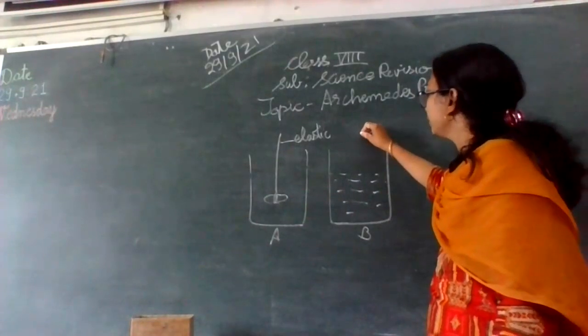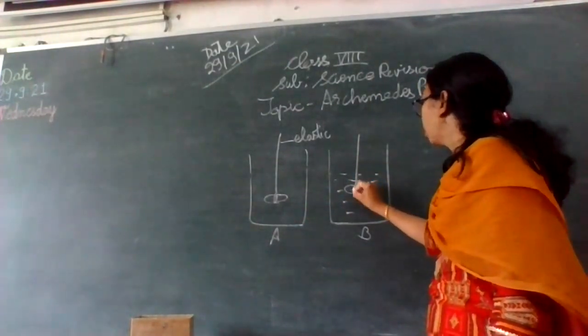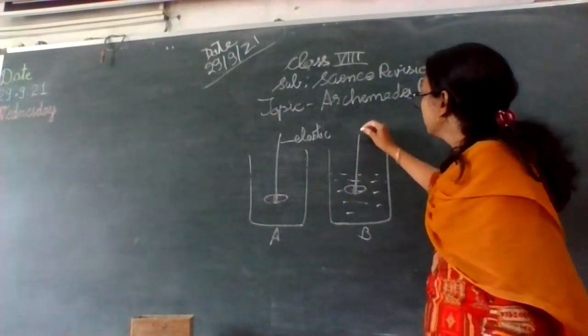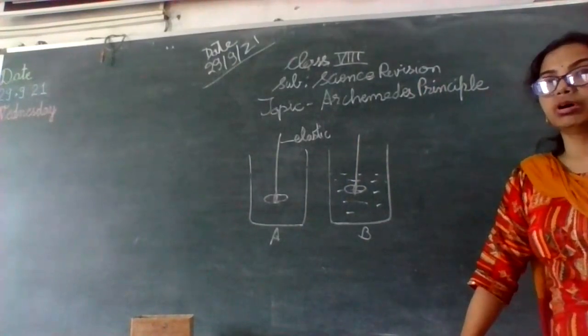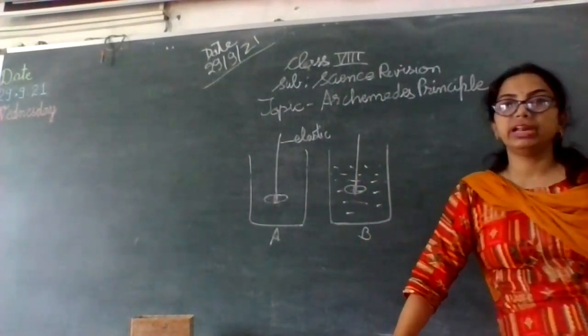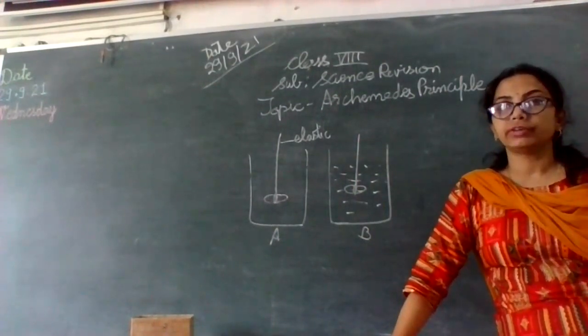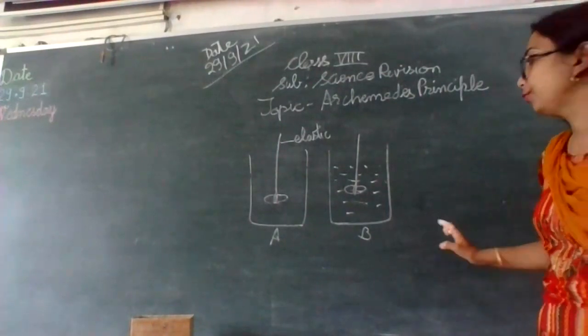Now, the same thing if I insert into this water. Same elastic string if I enter into the water in this second beaker, what will happen? That we can understand through this figure.